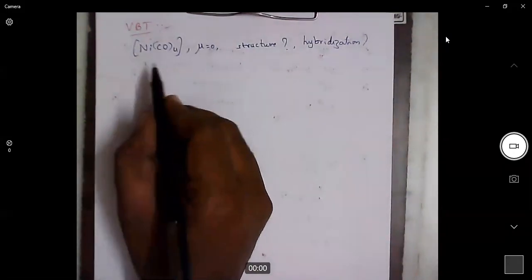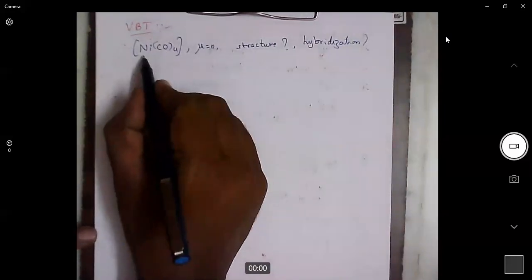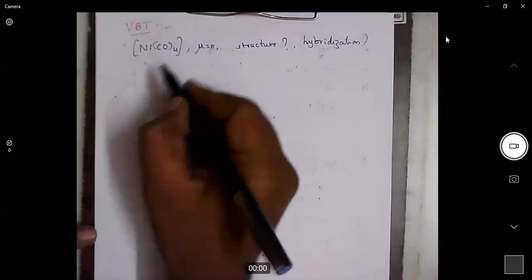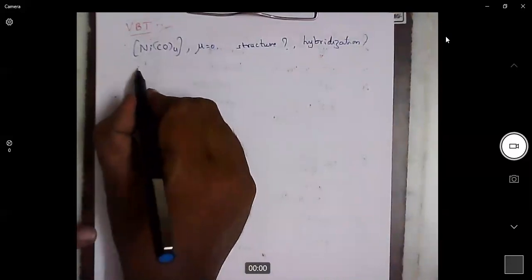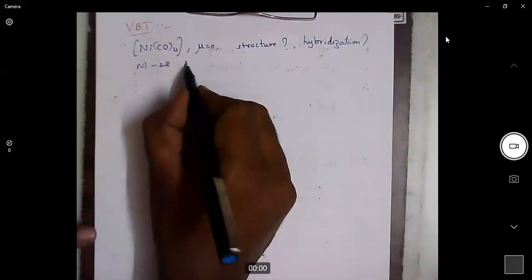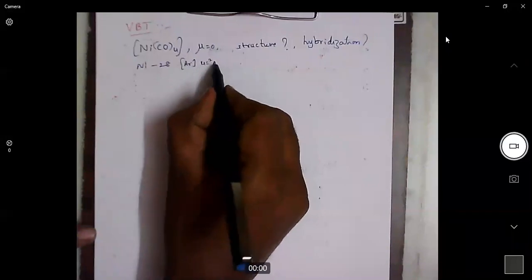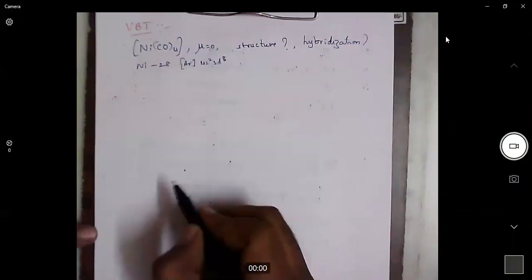Look at this molecule. This is tetracarbonyl nickel(0). Carbon monoxide charge is 0, so nickel is also in 0 oxidation state. Nickel atomic number is 28, whose configuration is argon 4s2 3d8.